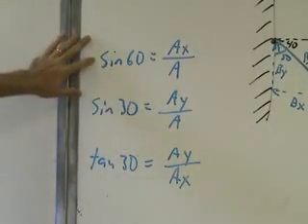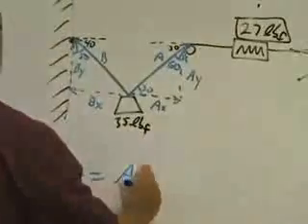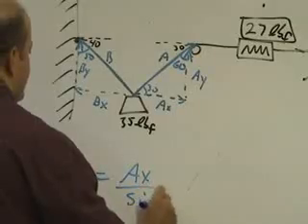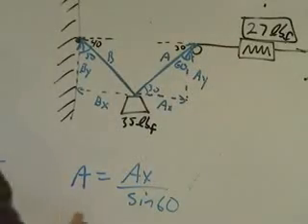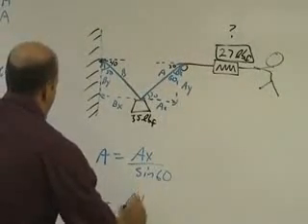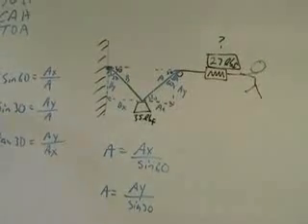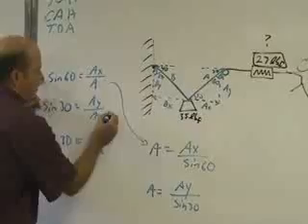I'm going to take this one and solve for a. So a is equal to ax divided by sine 60. And we've also got a is equal to ay divided by sine of 30. Let's take these two equations and reorient them.